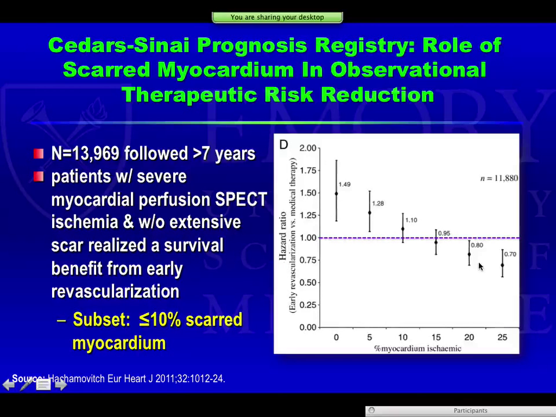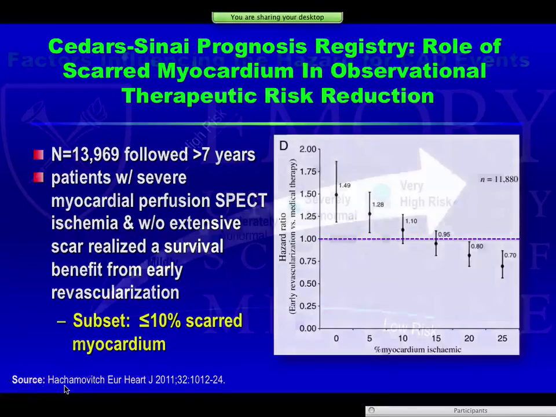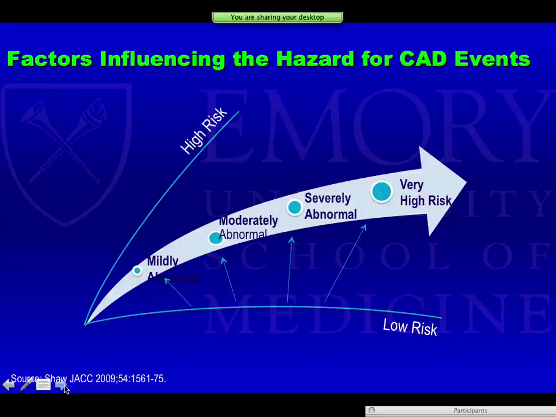So this is another thought in terms of eligibility criteria for the ISCHEMIA trial, that we can't just have all comers enrolled in that. So there are factors which influence the coronary disease event, but there are also factors where you reach a ceiling perhaps in terms of the amount of coronary disease events, such that you can't actually elicit therapeutic risk reduction.